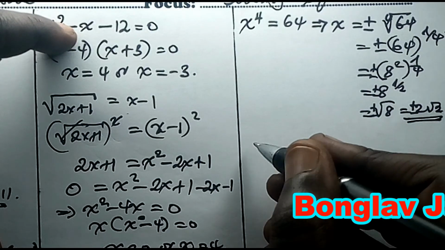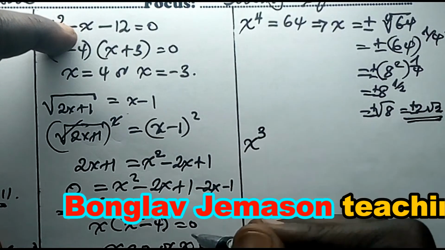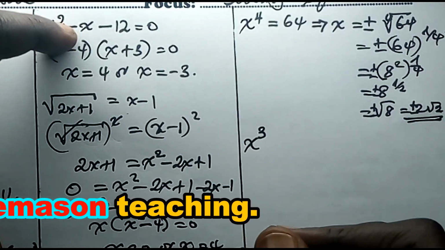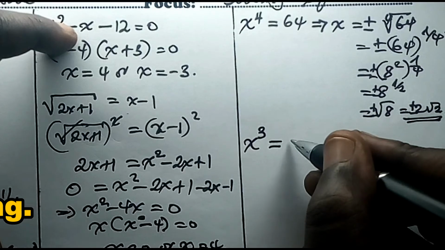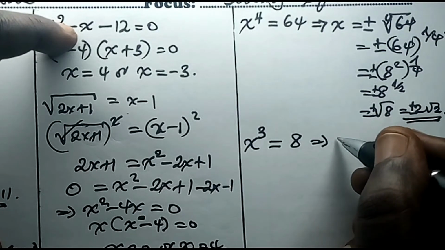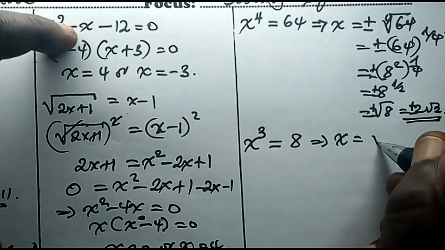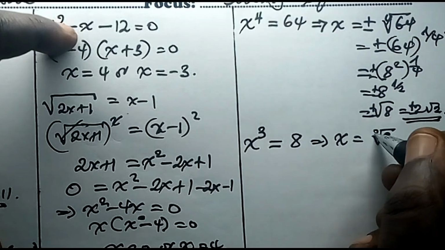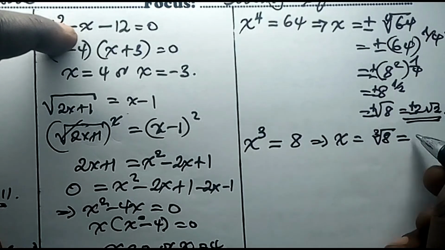If the power were instead odd, x cubed equals 8, the answer will simply be x equals the cube root of 8, and that will be 2.